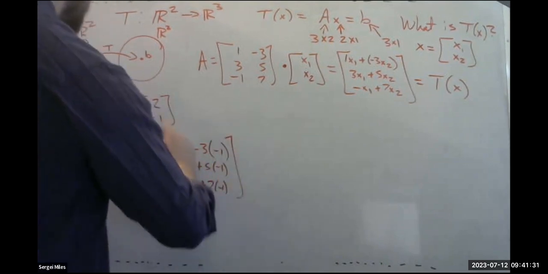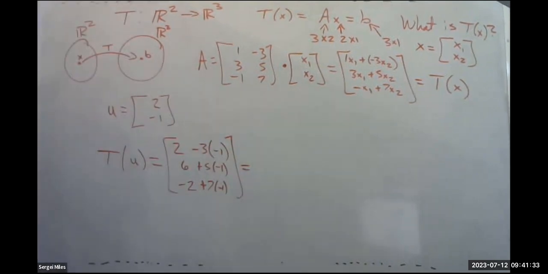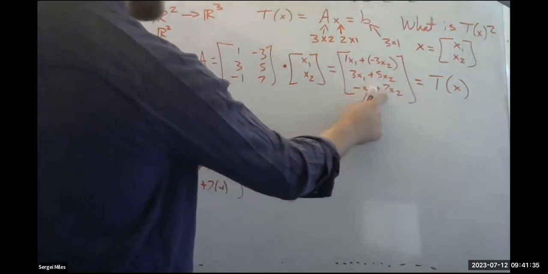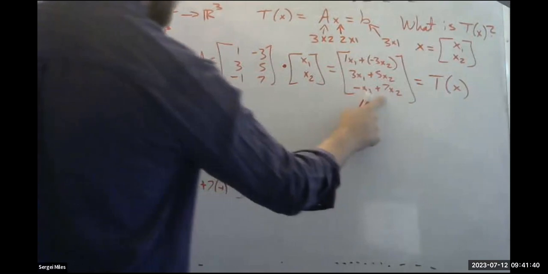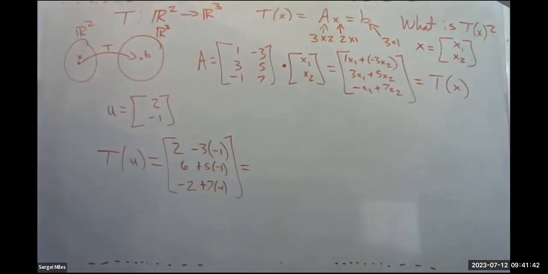In other words, without doing any matrix multiplication at all, I'm just plugging it in here. Since I've already solved, no matter what the vector x is, this is going to be the output of the multiplication. This is going to be the transformation.